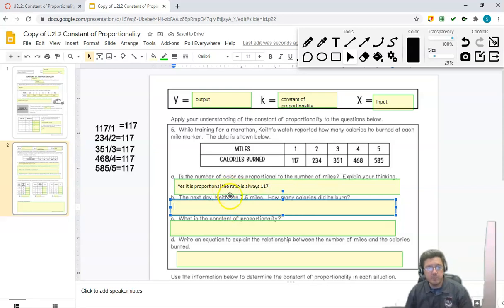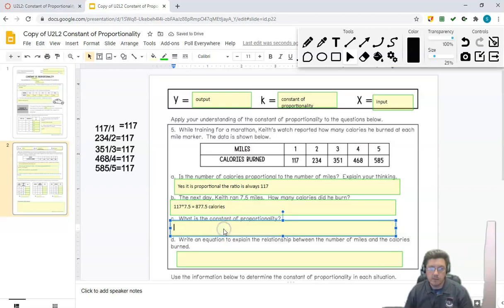For each mile, he burns 117 calories, so we're going to do 117 times 7.5. Let's go ahead and figure out what 117 times 7.5 is. That equals 877.5 calories.